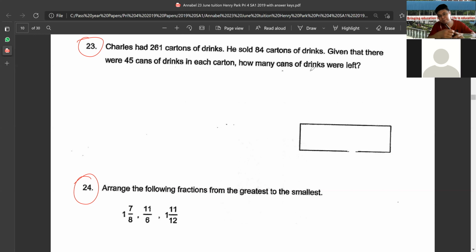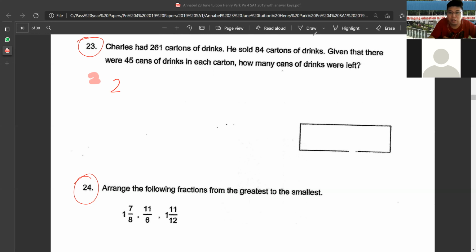First step, what must you do? 261 minus 84. Very good.